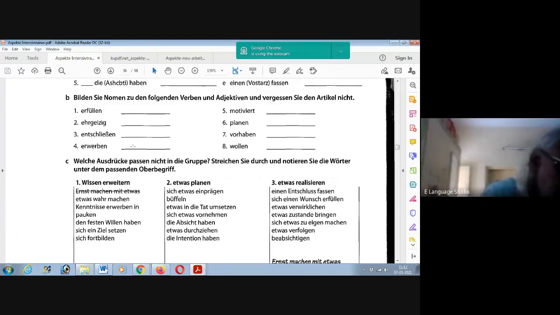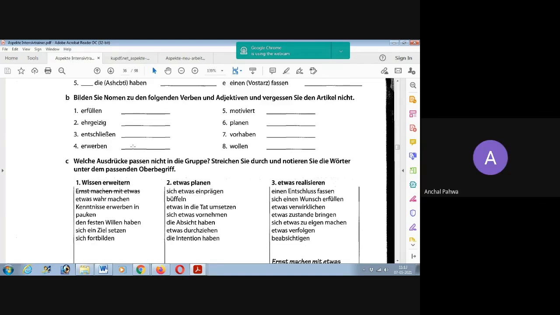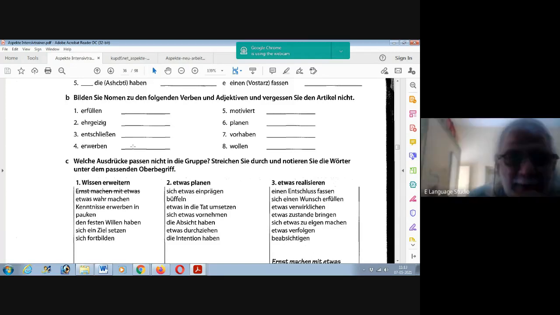Nomen bitte. Article here. Die Erwerb? Nein. Der. Der Erwerb. Ja, das muss man dann lernen, ne? Der Erwerb.